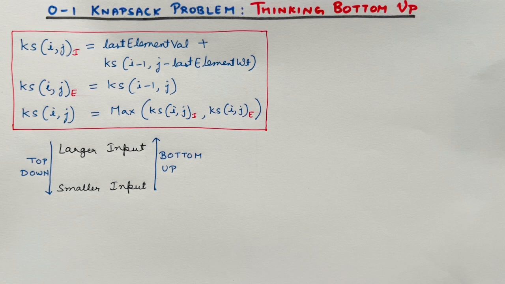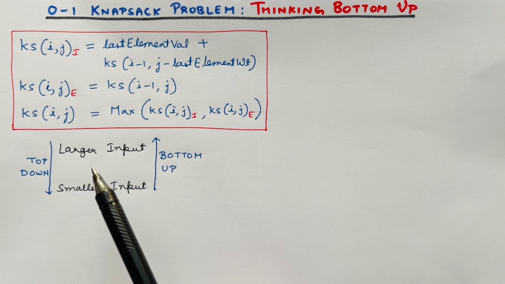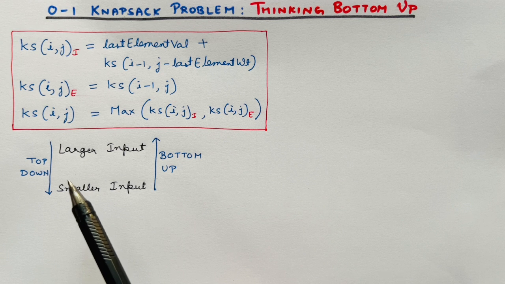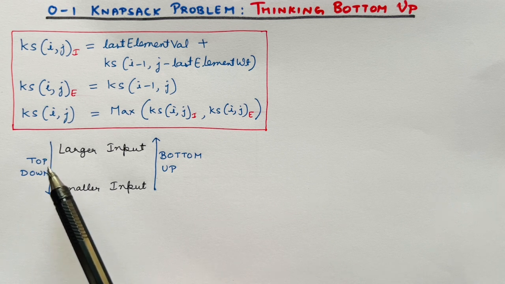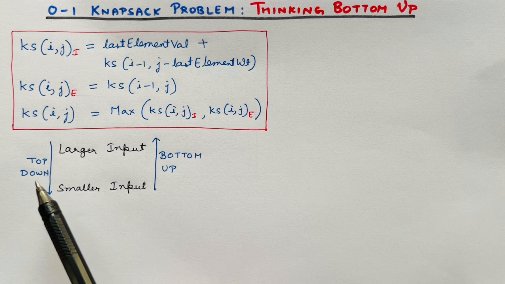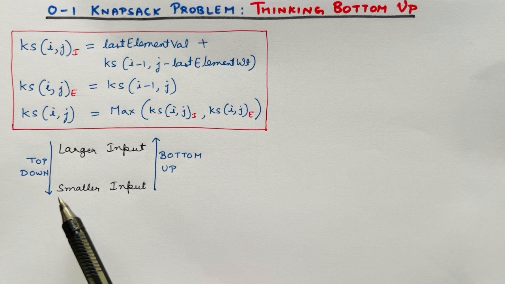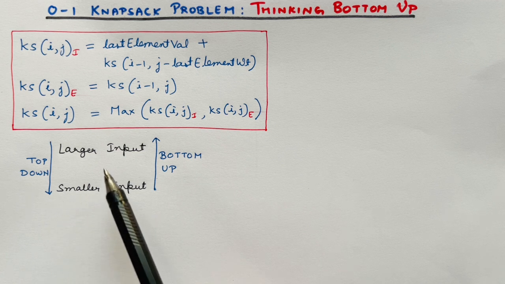What do we mean by bottom-up approach? In top-down approach, we start by calling our recursive method with the largest inputs that are given to us in the problem. Then, as the recursion progresses, the inputs to the recursive call become smaller and smaller till we reach the base conditions. In bottom-up approach, we do it in reverse.